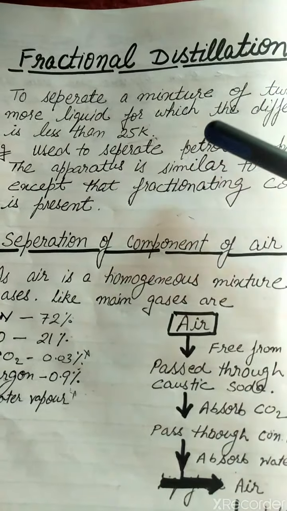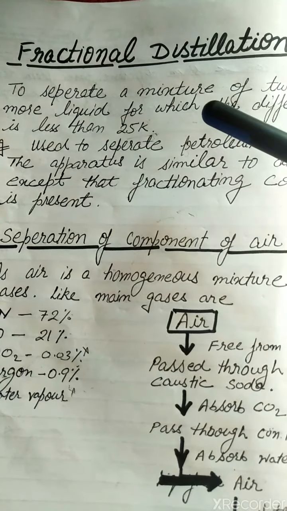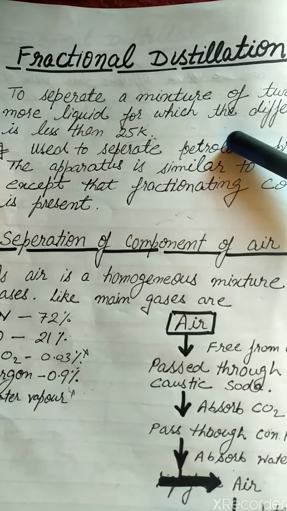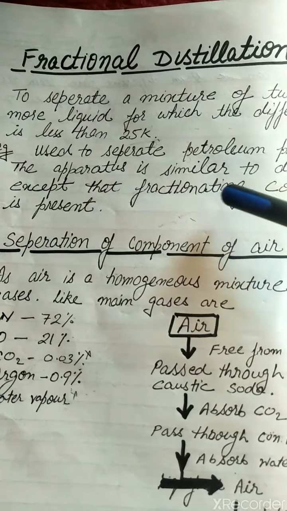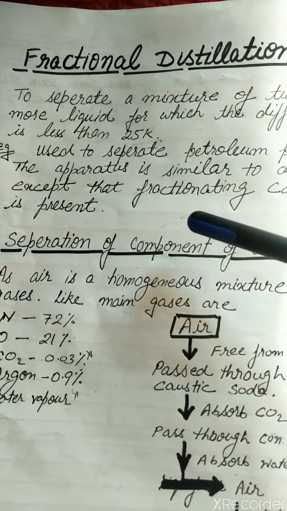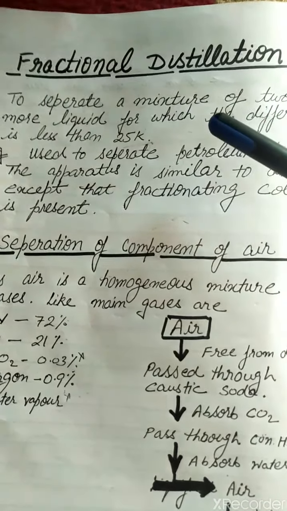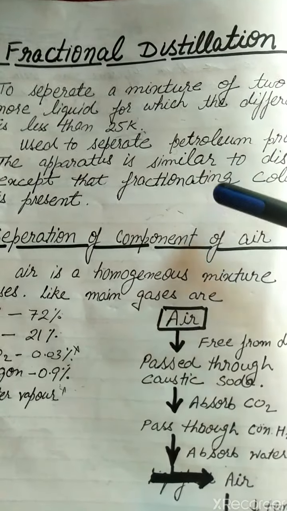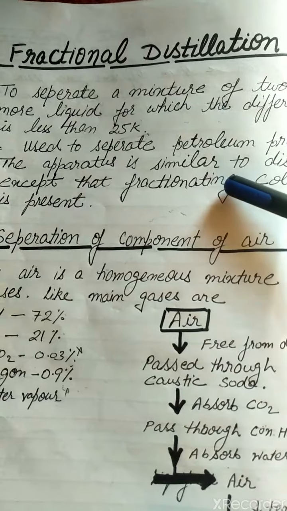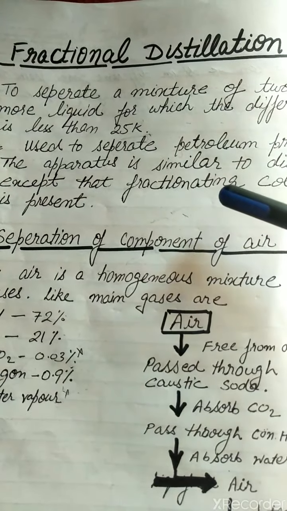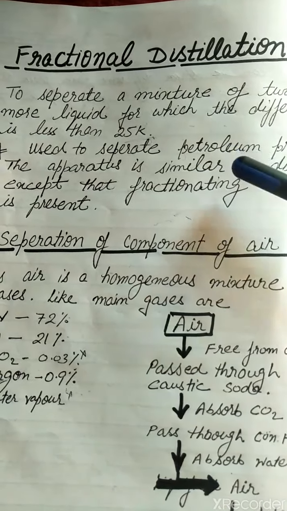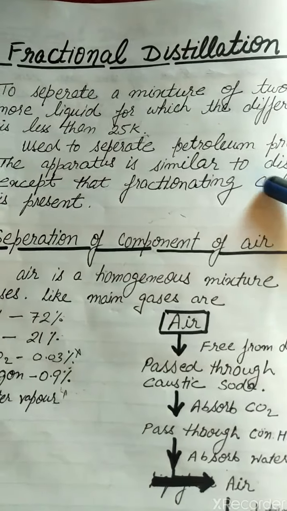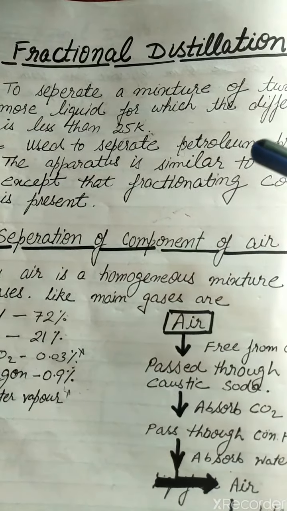Fractional distillation is just similar to simple distillation, but the difference is that a fractionating column is also placed in fractional distillation. So in this, one by one the liquids start boiling, and the one whose boiling point is least starts boiling first, condenses and is separated in a fractionating column.